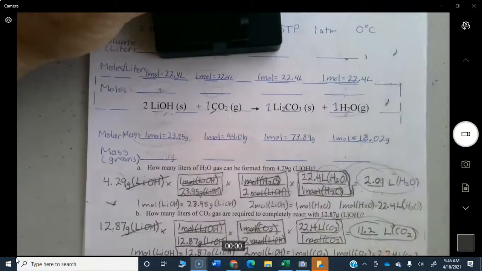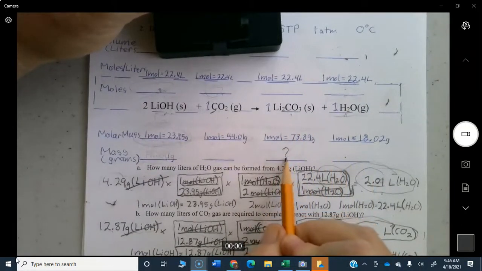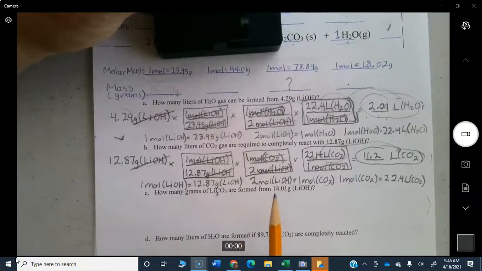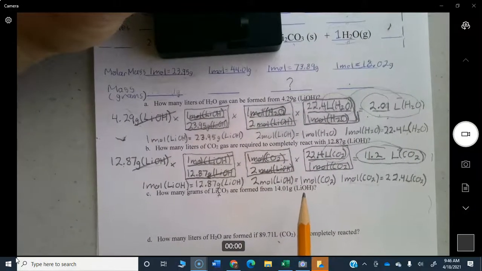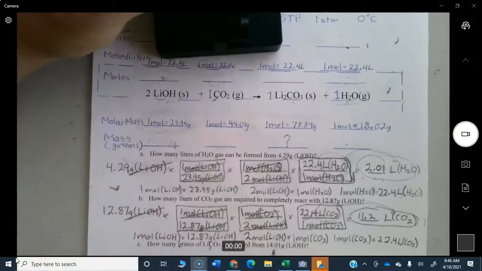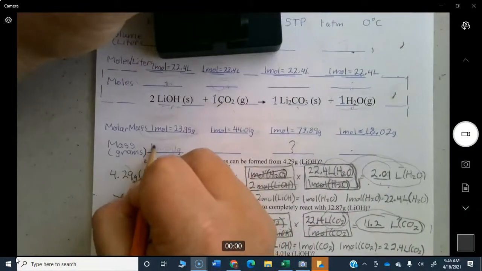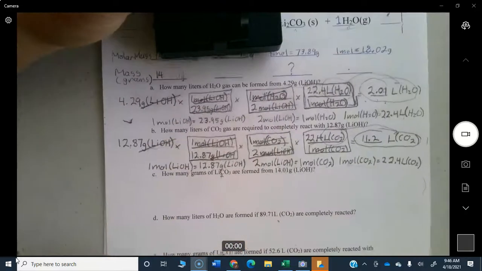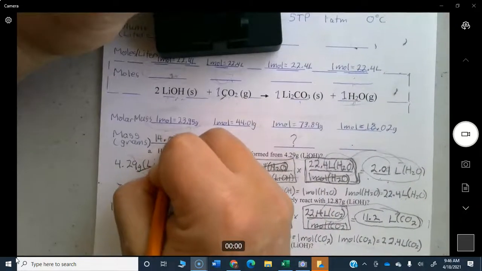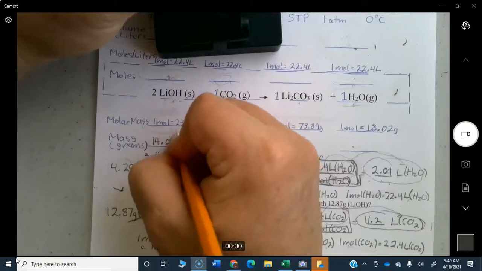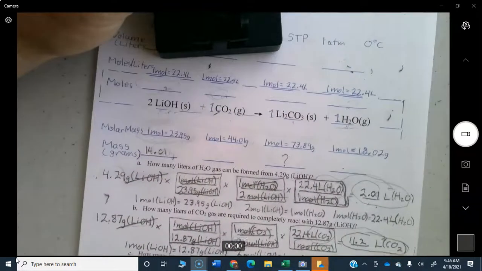So we're going to come over here, that's Li2CO3, this is the grams row, and it's how many, so that's the question mark. So this one is grams to grams. This is like the ones we did in lesson 12. 14.01, right there. You don't have to write grams because it's in the grams row.